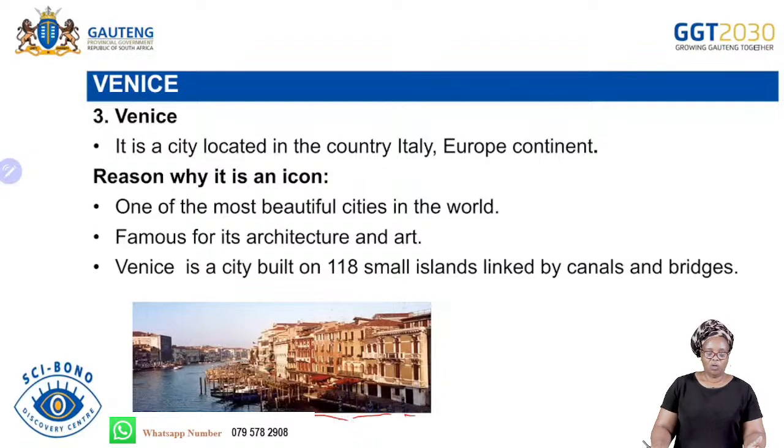It was built on 118 islands, which were linked by canals and bridges. We have 118 small islands. That's why I'm saying that it is one of the most beautiful cities in the world. We have canals and there are bridges there.